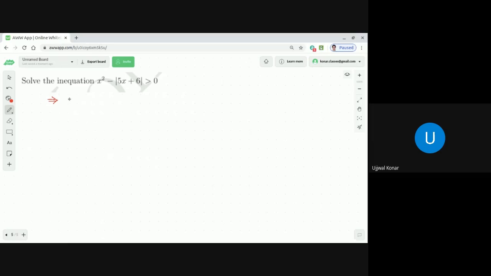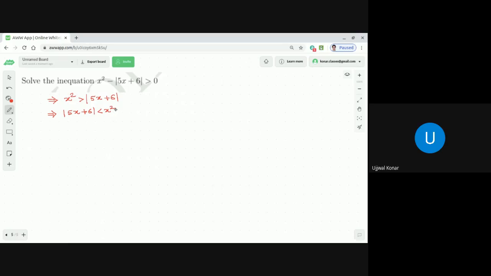I can write that mod of 5x plus 6 is less than x square.